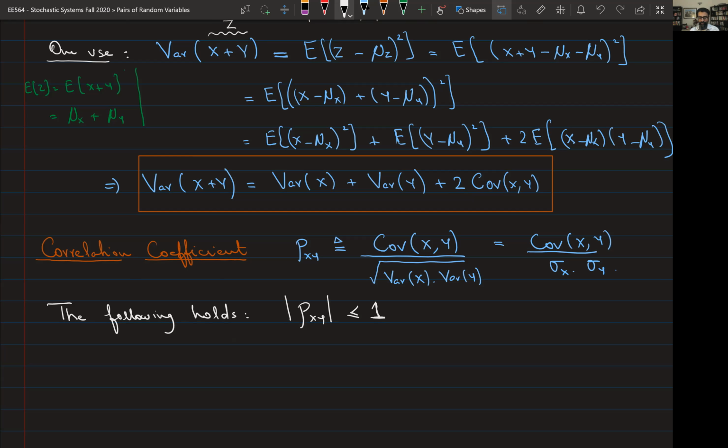And the proof, I think, is done using the Cauchy-Schwarz inequality, or at least that's one of the ways to do it. So the correlation coefficient is always less than or equal to 1.